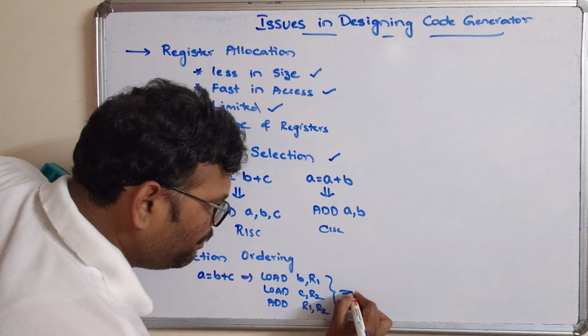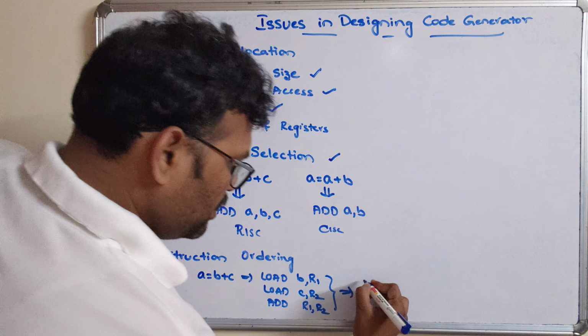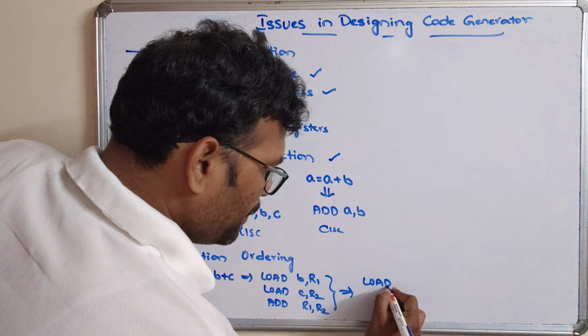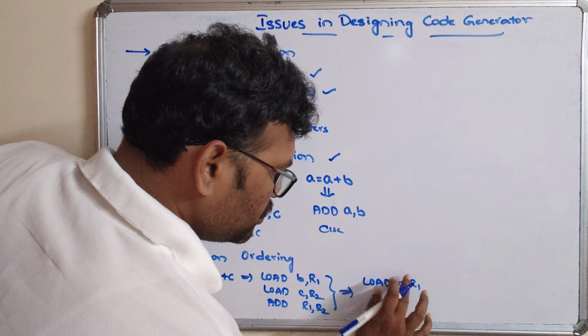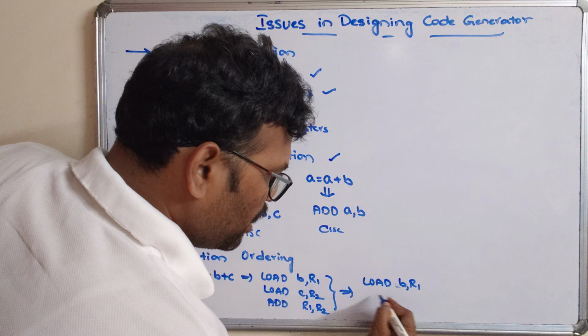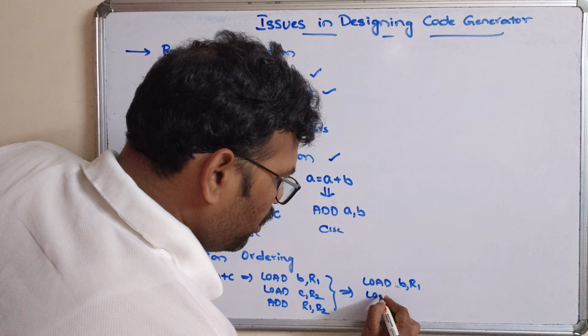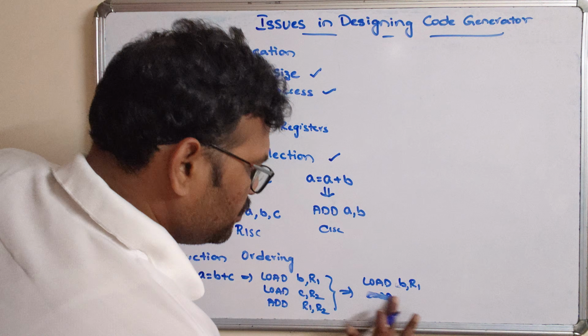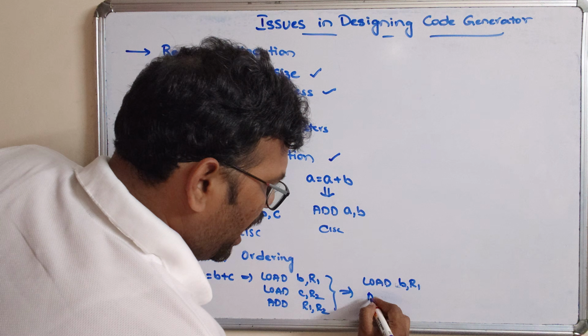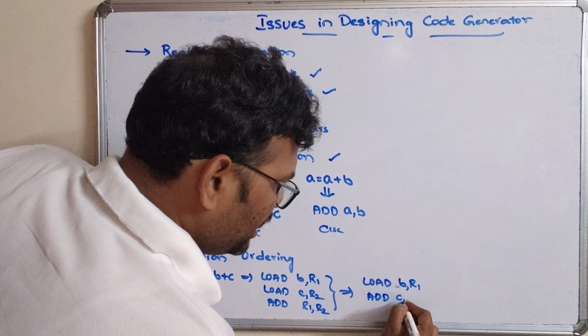The same thing can be written as load b comma r1, or simply add c comma r1.